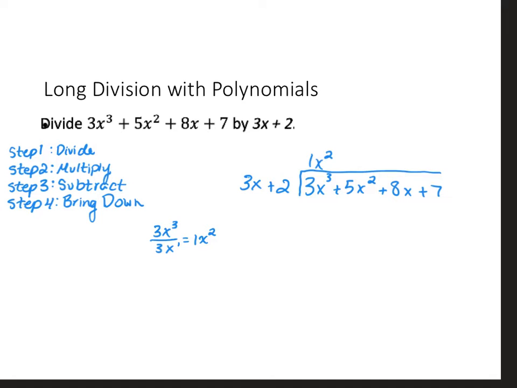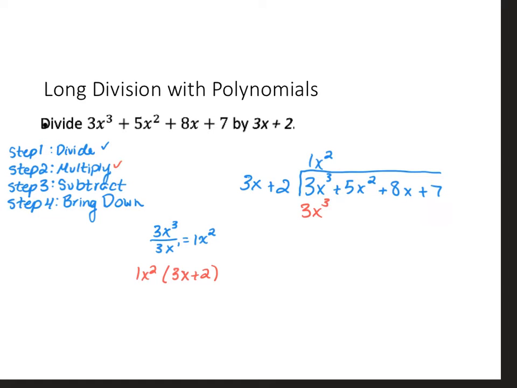Okay, once you have your division, then you want to multiply. What I'm multiplying is whatever I got in my quotient, so 1x to the second power, times my 3x plus 2. And I'm going to write that below the polynomial that I'm dividing into.